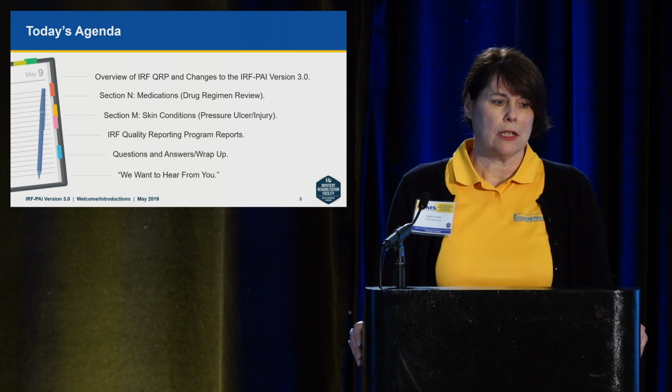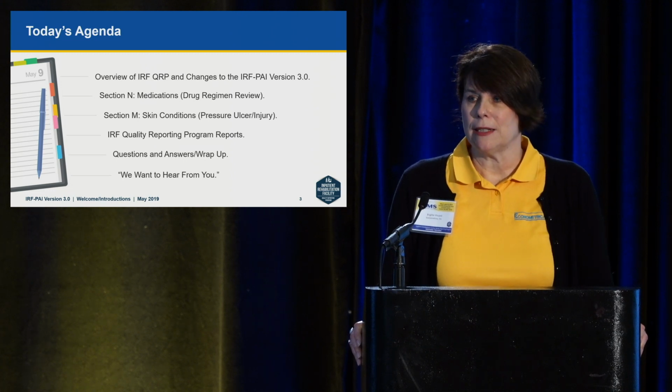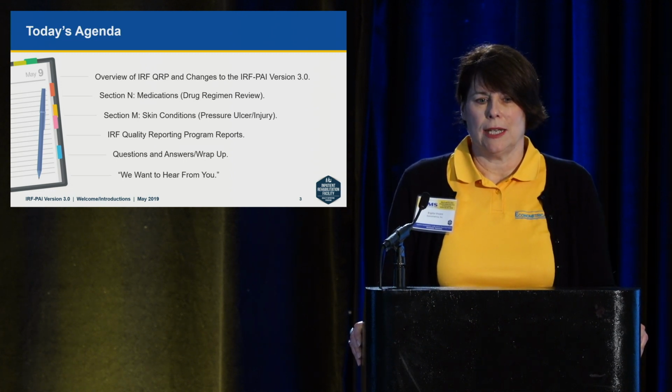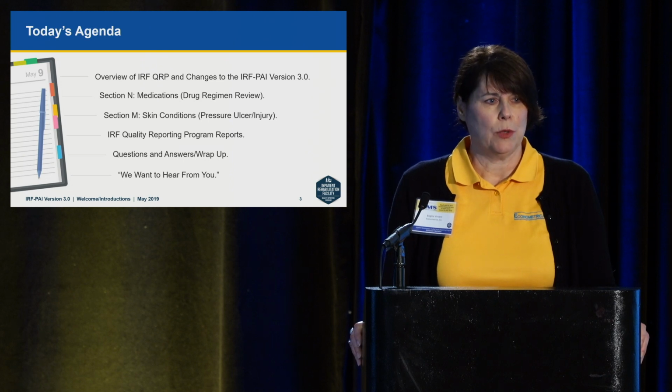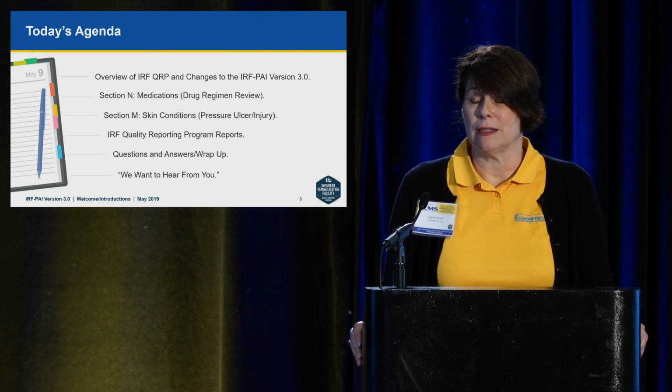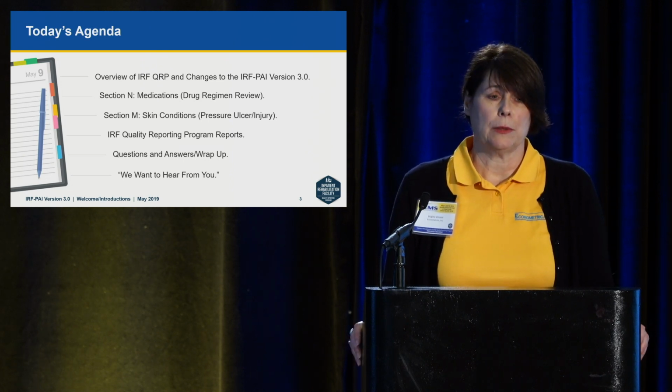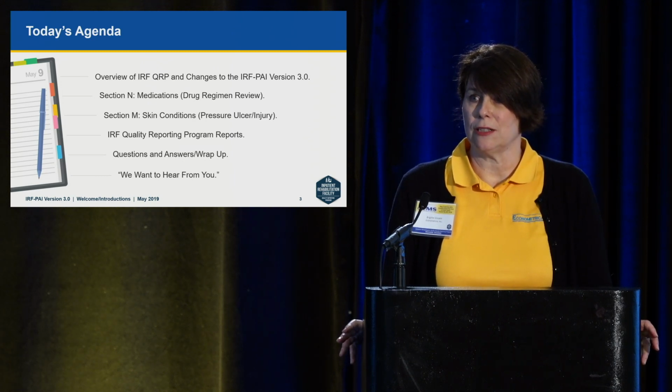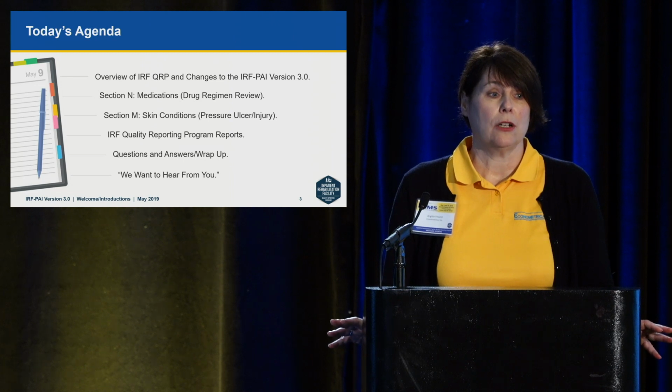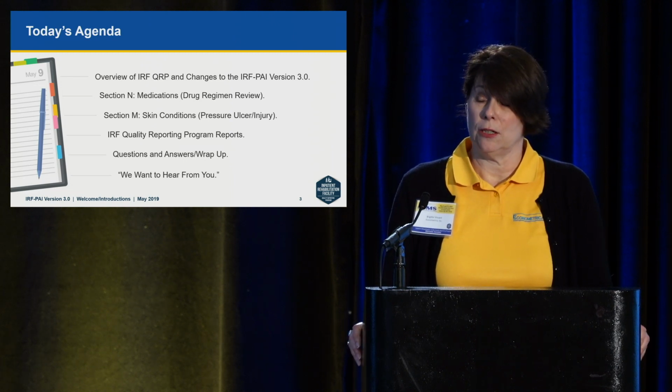Then there's also a document called the Action Plan, and that document has a page, and on each page we encourage you to write down ideas. So as you're listening to the presenters today and you're thinking about how do I operationalize these changes, we encourage you to write your ideas down.